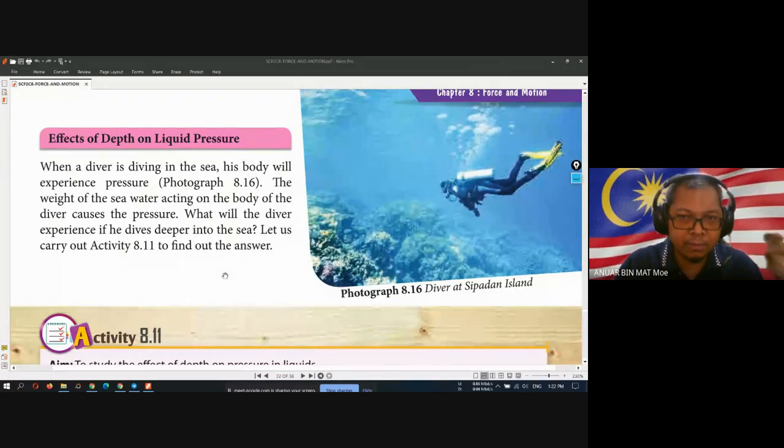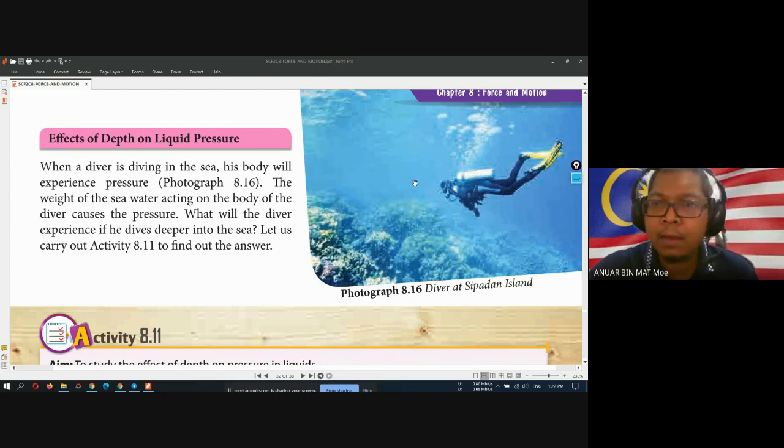DEPTH. You still remember also in Form 1, you already learned about the ocean zones: surface zone, then midnight zone, and then the dark zone. Never mind. Okay. All right. Opposite to the altitude and the air pressure, what happened here?